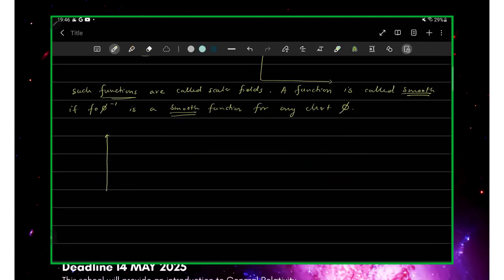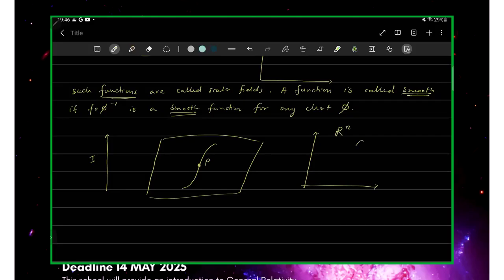Maybe let me draw it first and then I'll explain what I'm doing. So you have a manifold, a general manifold, and I'm drawing a curve on the manifold. And again, this is Rn. And this would map also a curve over here.